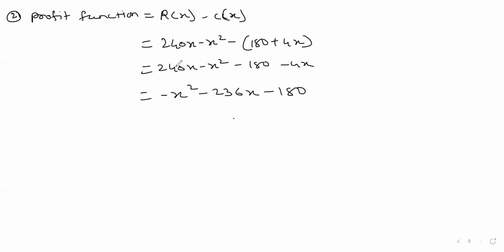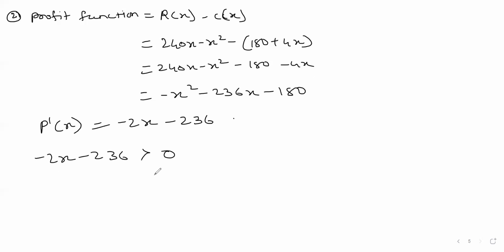We want to find out whether it is increasing or decreasing, so I'll have to find the derivative of the profit function. That will be -2x - 236, and this should be greater than 0.